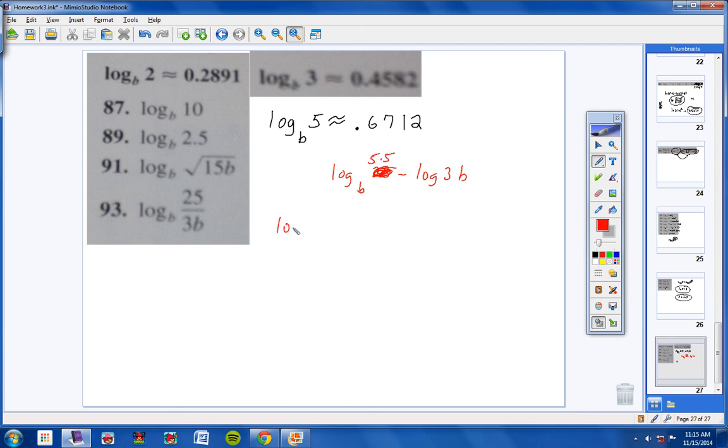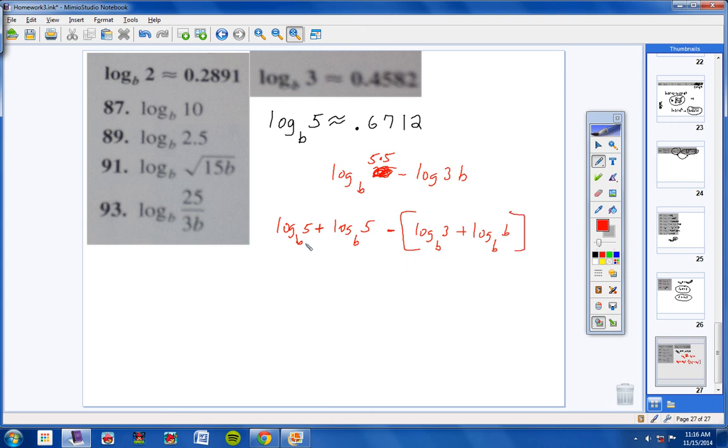So now I have logarithm base b of 5 plus the logarithm base b of 5. Okay? I'm adding here because the arguments here are multiplying. Minus this whole expression, log base b of 3 plus log base b of b.